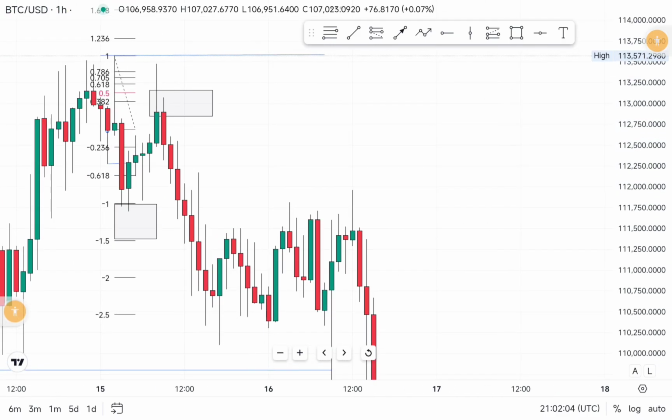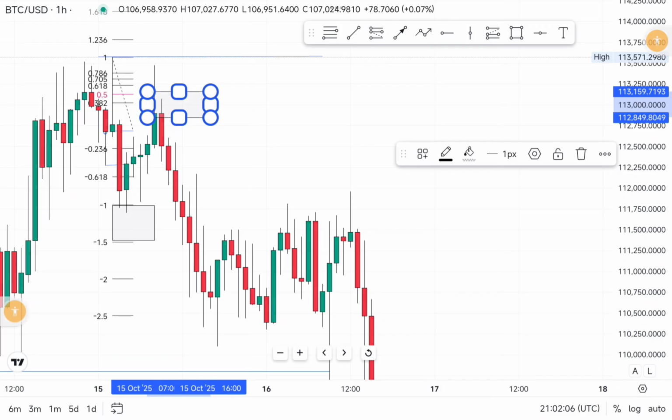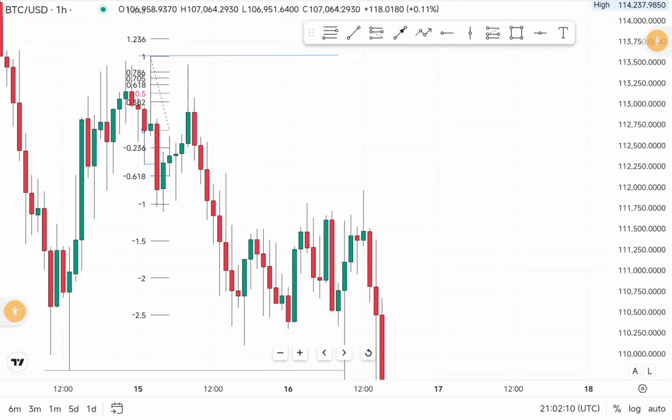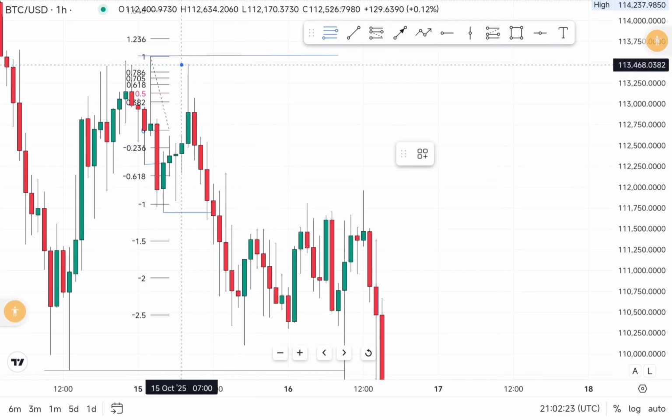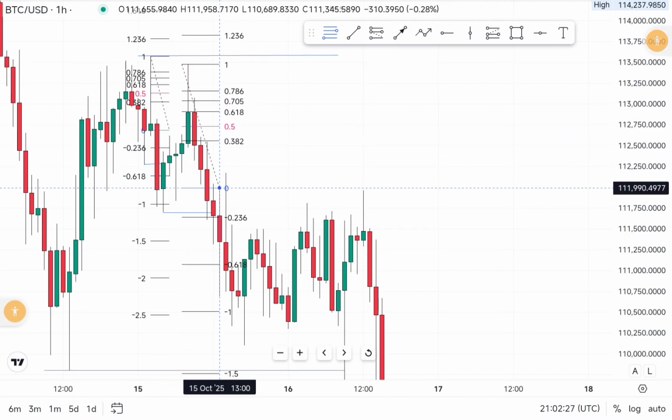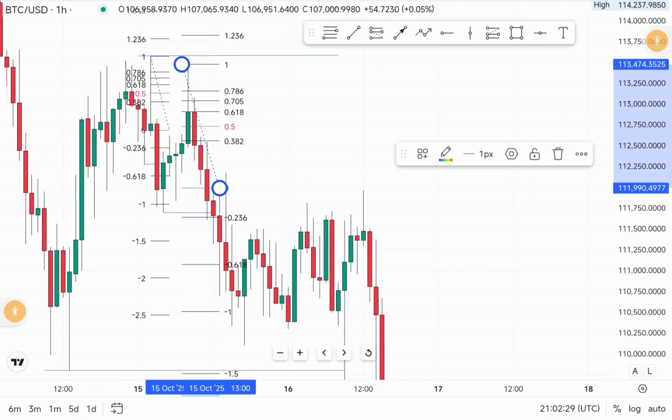So you can see that then another line is drawn from the recent low, and you plot your Fibo deviation to the body of the break of structure.